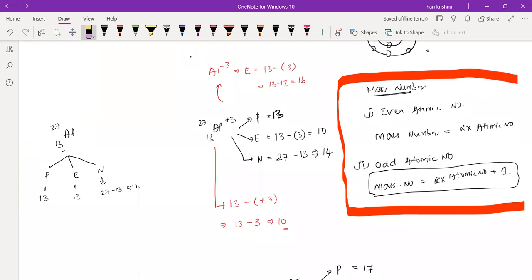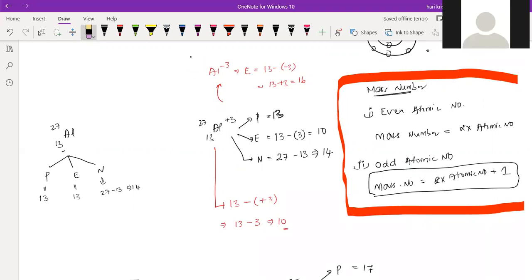Can you repeat again, Raghav? Sir, how do we find the valency of 21 or greater than 21 elements? Valency we'll study next, okay? At that time I'll explain that one.